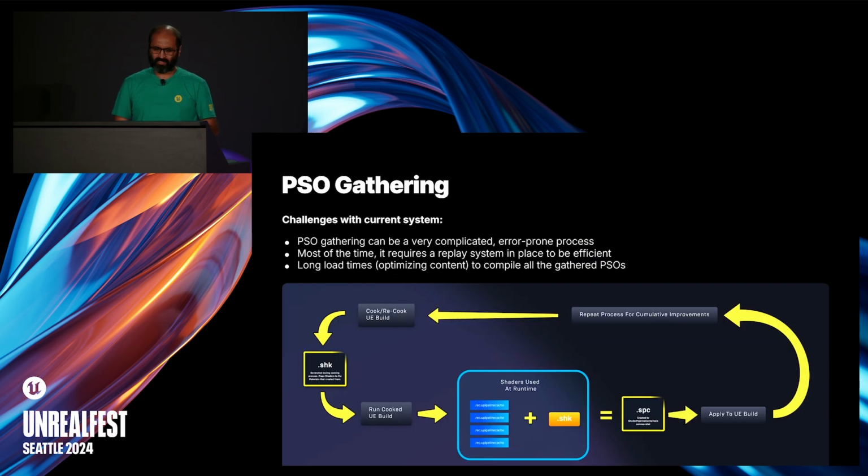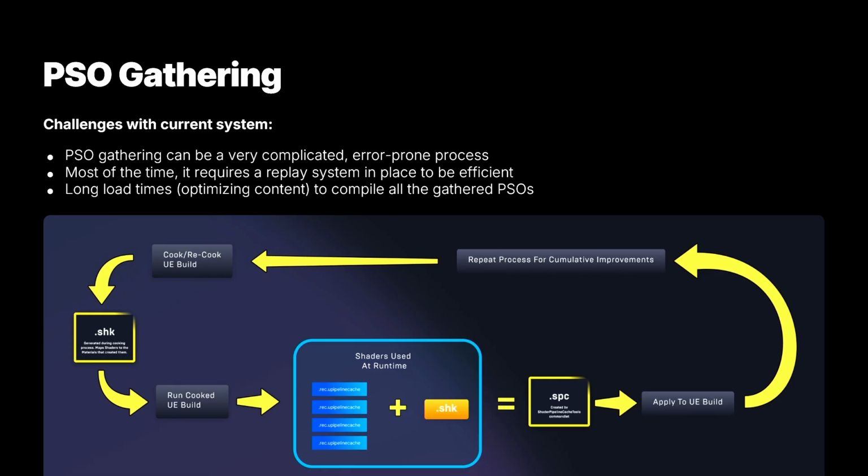But a little bit of history, right? Because this was just so easy, and I don't know how many of you have done PSO gathering before, but this is the current system that exists before we enable precaching, and that's if you had that problem where shaders did not compile inside your game.